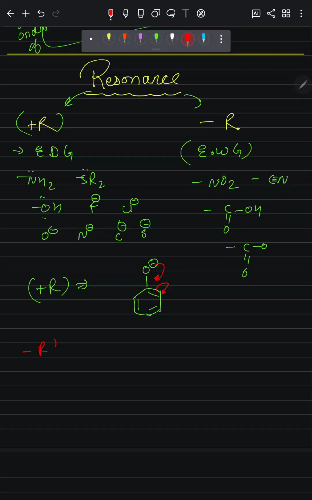And in a minus R group, when a ring is present and a minus R group is present, just like C double bond oxygen, or X, halogens, this will take electron density and put them into this perspective. So this type of resonance is called negative resonance.